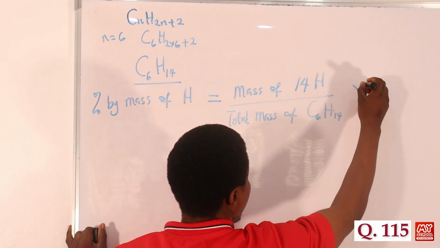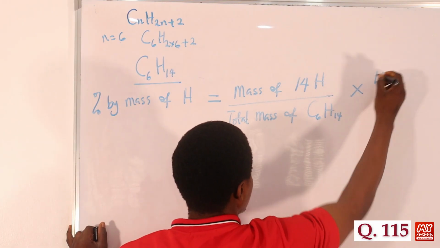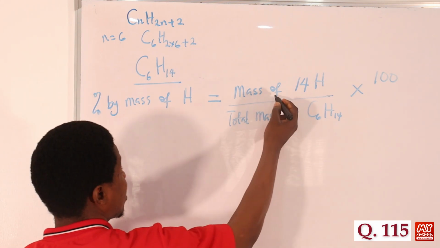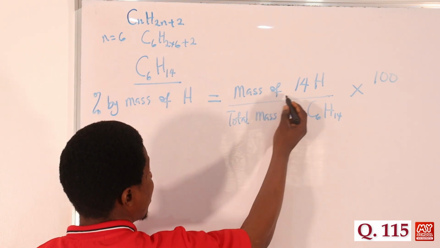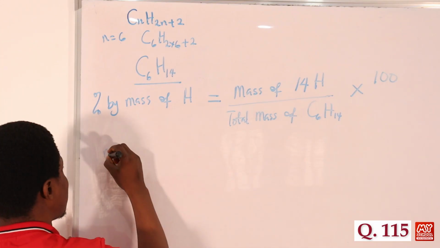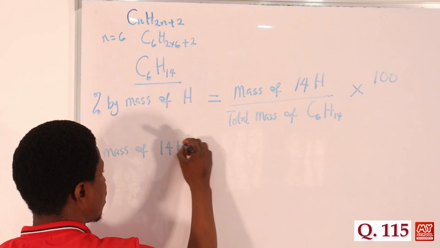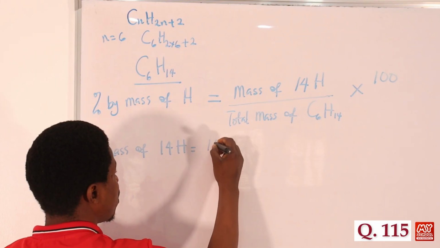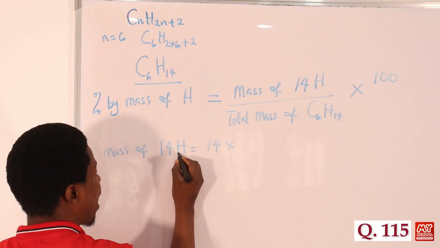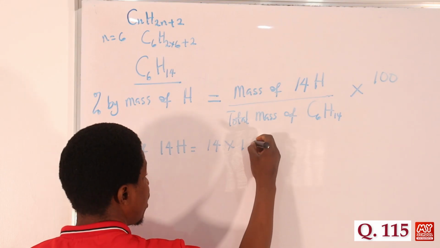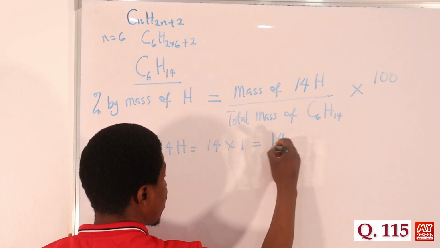So the mass of 14 hydrogen is 14 moles times the mass of hydrogen, which is given to be 1, so that will be 14.